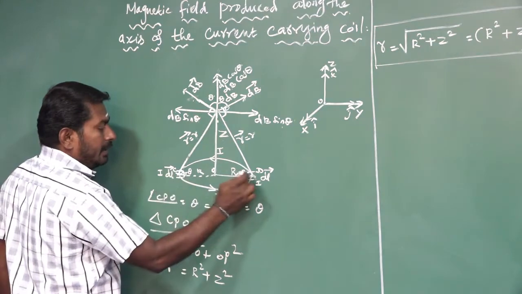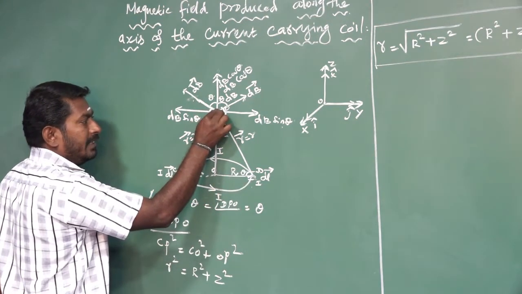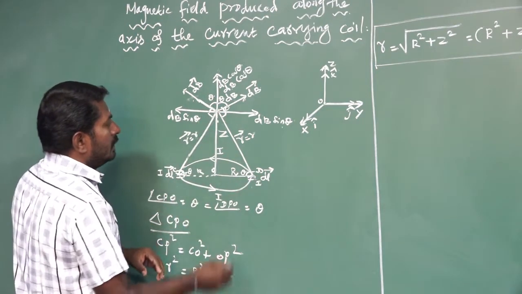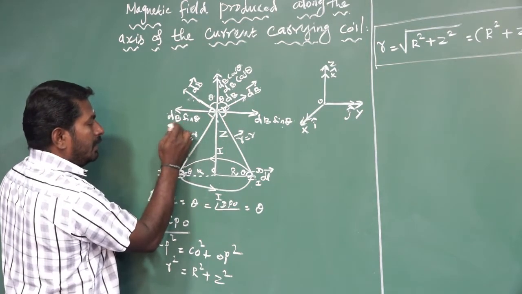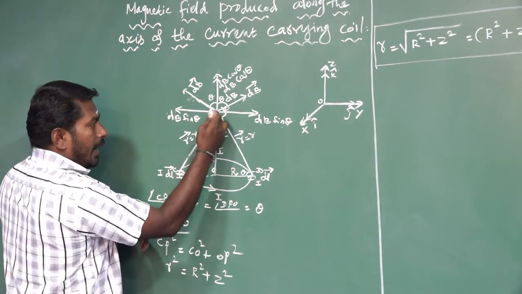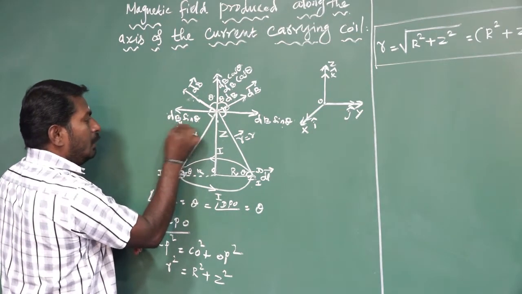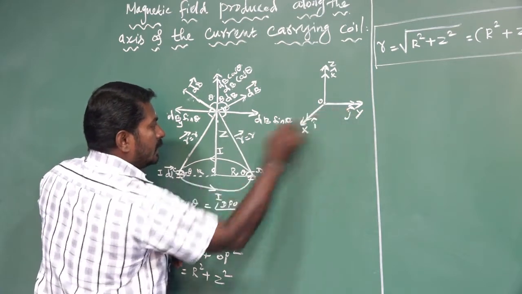At the C point and at the D point, the diametrically opposite current element produces magnetic induction at this point P. Resolving into components, the horizontal component, dB sine theta, acts along the y-axis. That's why dBy sine theta is also along the y-axis.